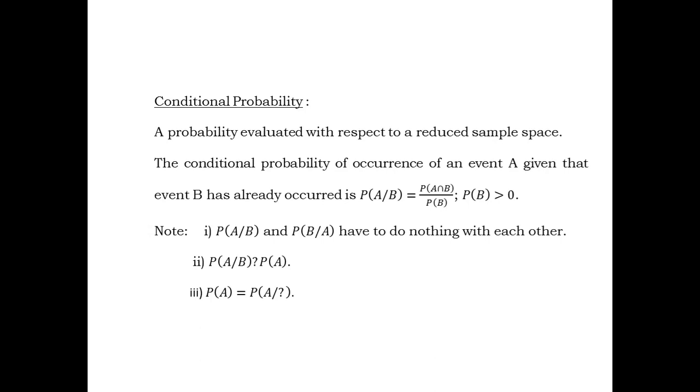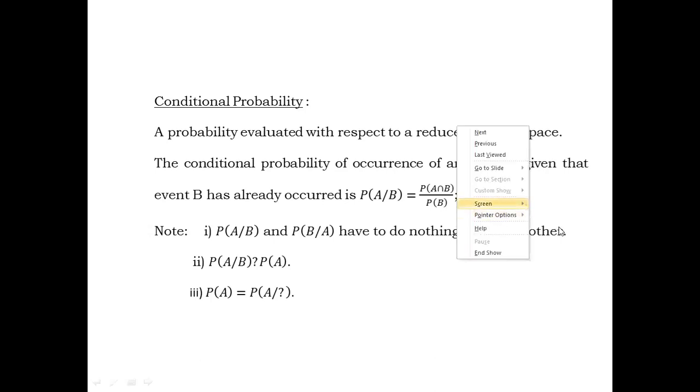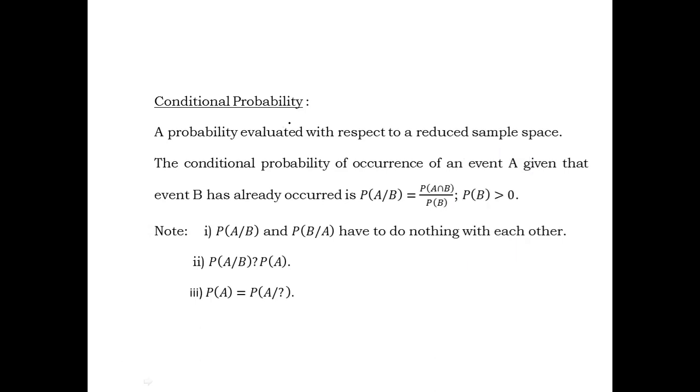And the next question is probability of A given B and probability of A. What can be the relation? Greater than, equal to, not equal to, greater than or equal to, less than or equal to. So what is the appropriate relation?